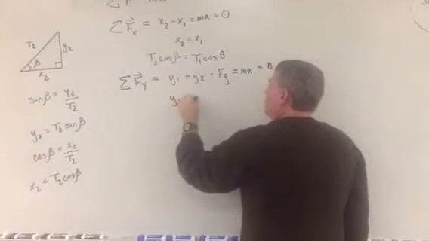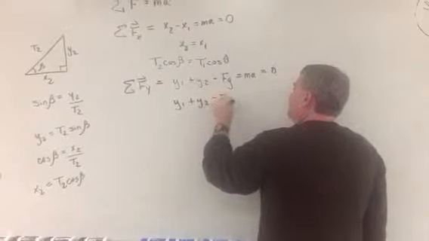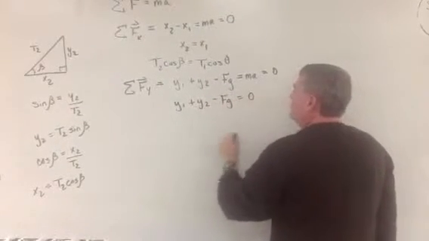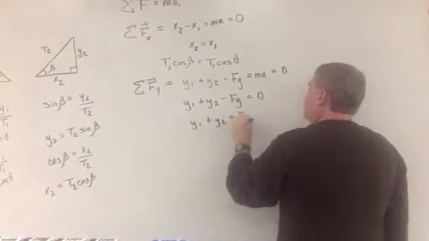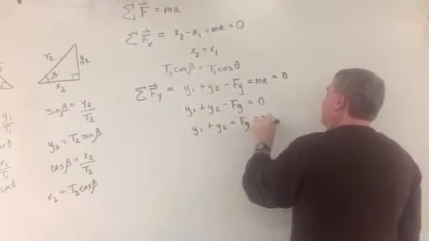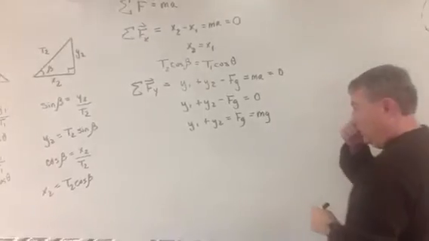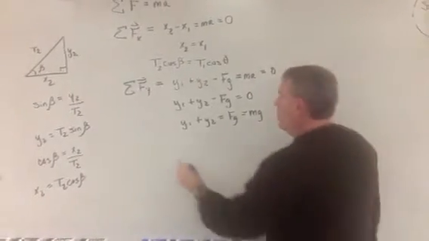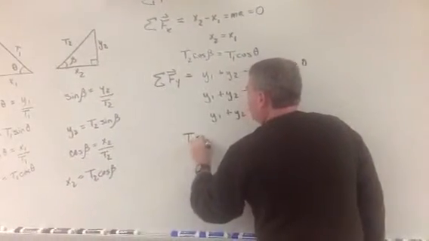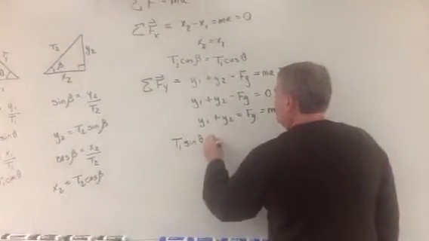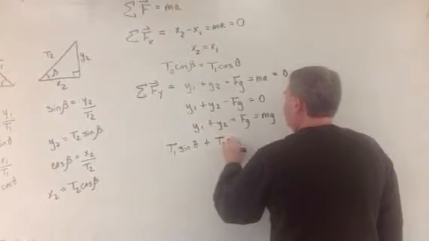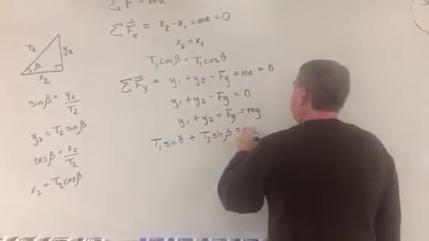So y1 plus y2 minus F sub g is equal to 0. y1 plus y2 is equal to F sub g, and the force of gravity is mass times gravity. Now we make our substitutions. y1 is equal to T1 sine theta, and y2 is equal to T2 sine beta. That's equal to mass times gravity.